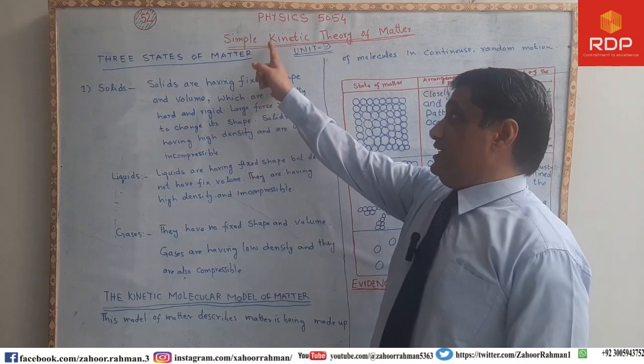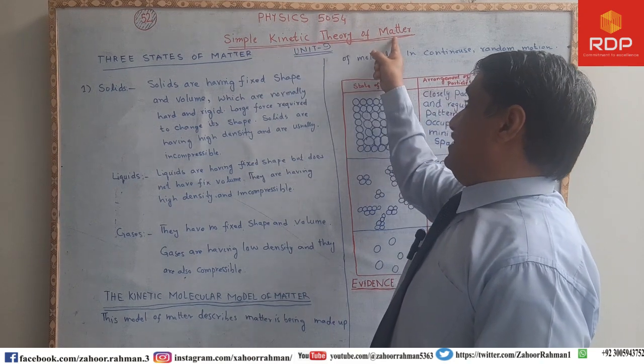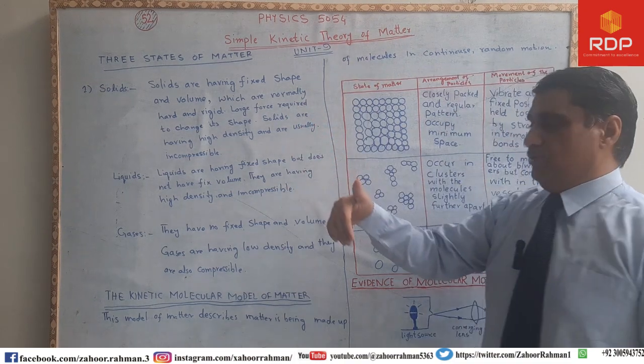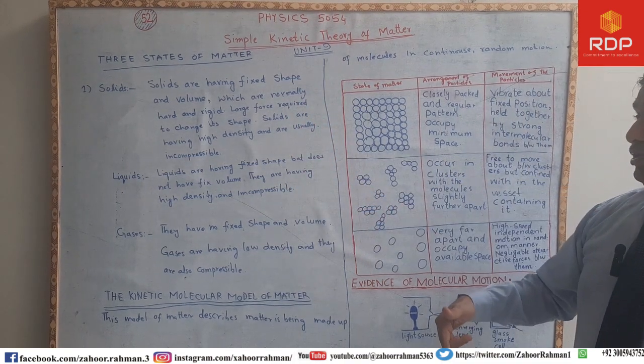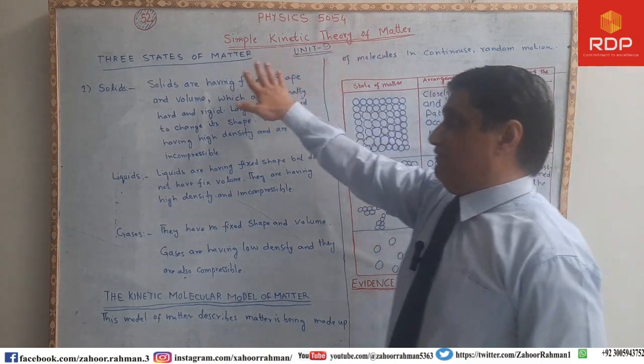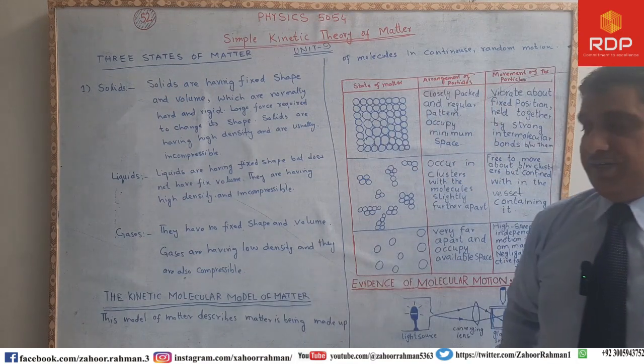So what does it mean? Kinetic, the movement in the matter of what? Of molecules. So, on the basis of this theory, we will first explain three states of matter.